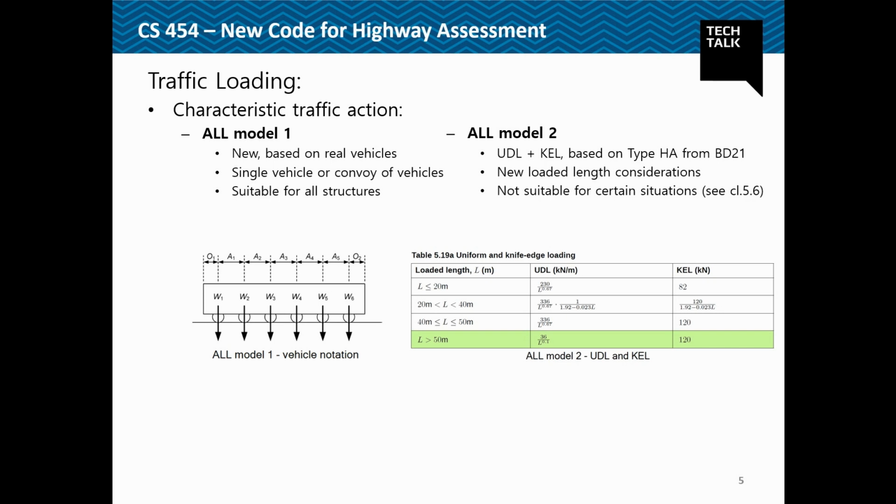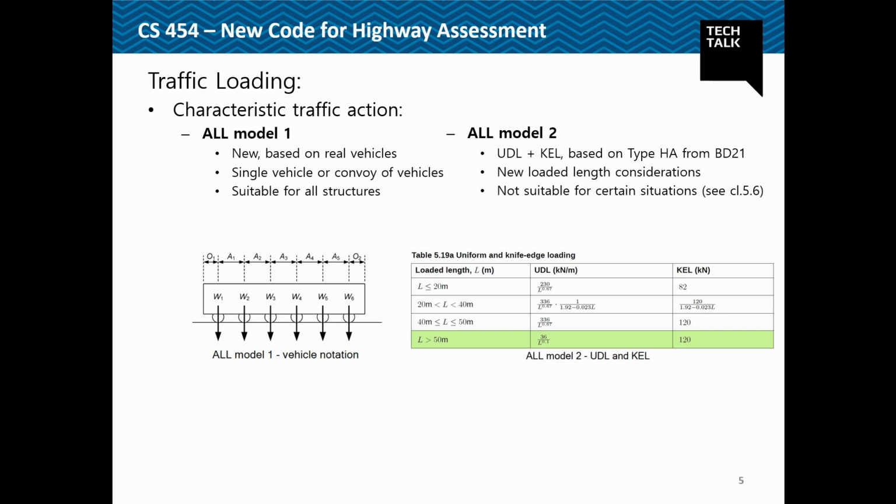The AOL Model 1 is a new type of traffic load model that represents real vehicles from the current highway regulations, and it essentially is a single vehicle or a convoy of vehicles. And that load model is suitable for all types of structures.